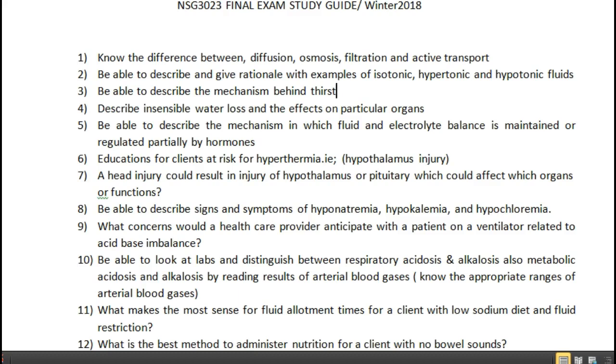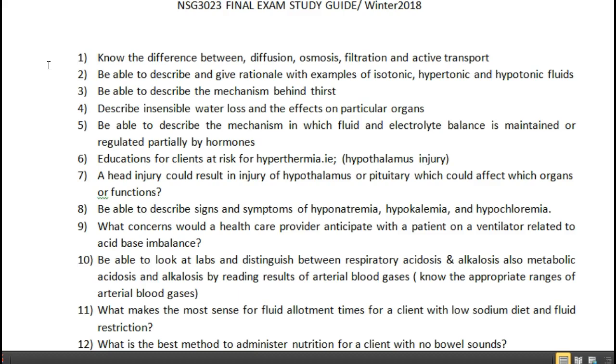Education, as far as education for clients that may be potentially at risk for hyperthermia, and hyperthermia means that you have an increase of, so we're on question number 7.